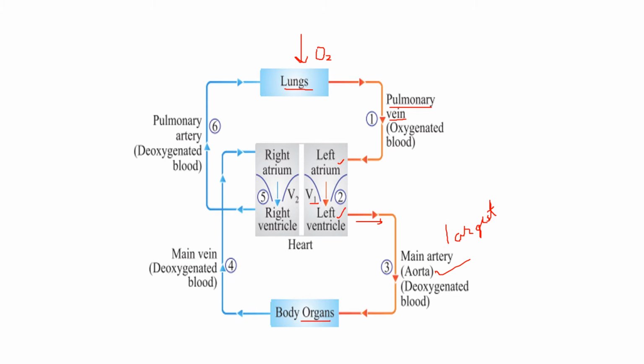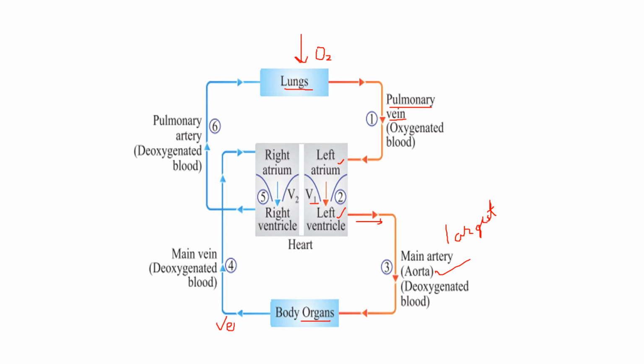You can see how once the blood comes to the body organs from the lungs, then in the next circulation, from the body organs the blood flows through the vena cava. Here, which vessel is used to take the blood?